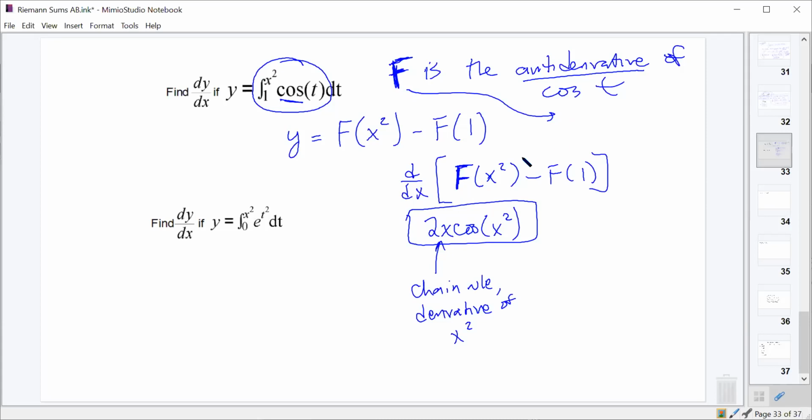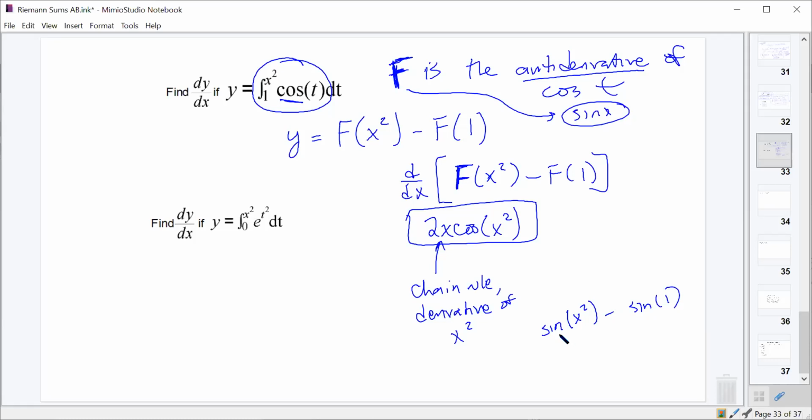What function do I take the derivative of to get cosine? Sine. So really what we could have written here was sine of x squared, because that's the function that when I take its derivative, I get cosine, minus sine of 1.